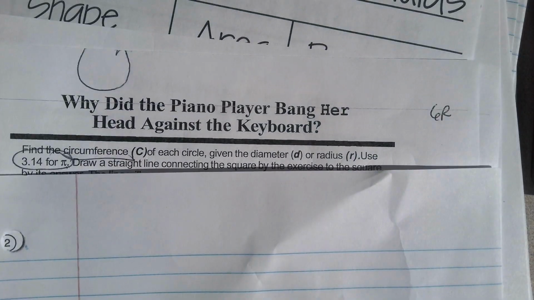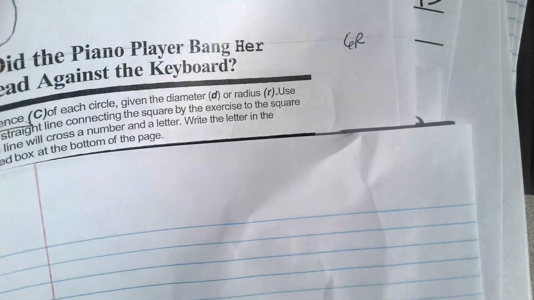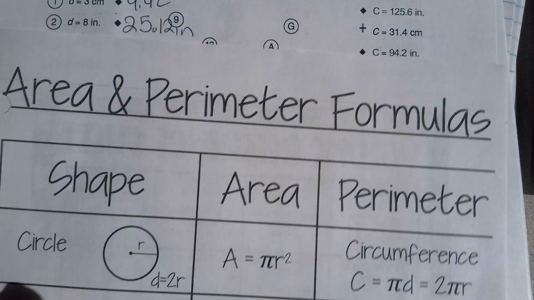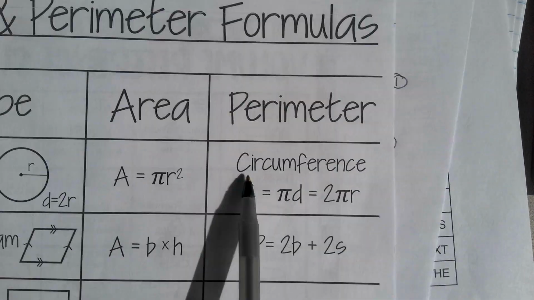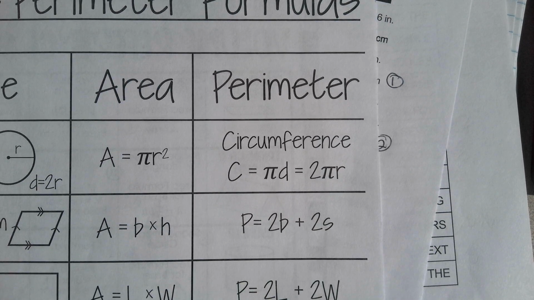Alrighty, so we looked at this Friday. Again, you get to use your formula chart. The formula chart says for the perimeter of a circle, it is circumference, and you follow exactly what it says.